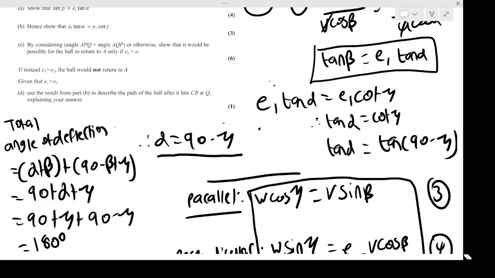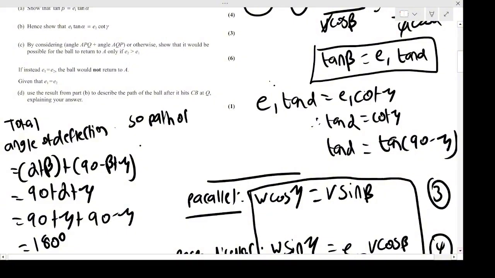So that's what they're looking for. Therefore, the path of the ball is moving opposite to its original path.